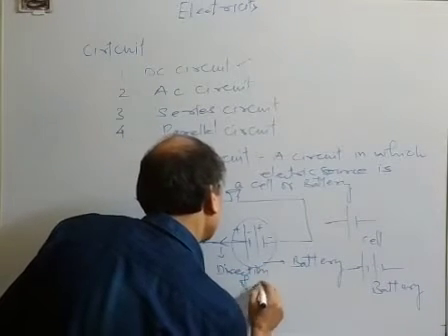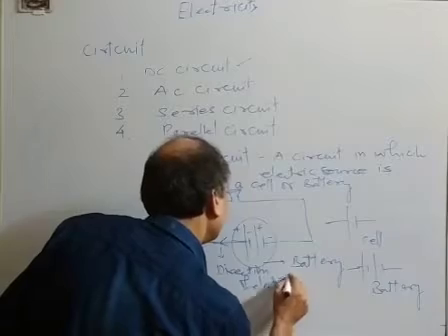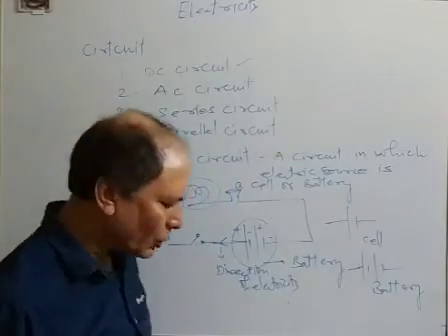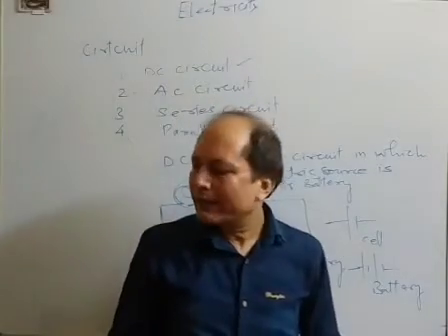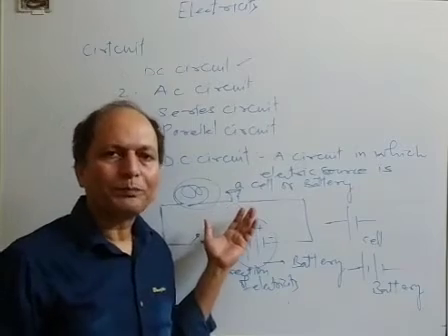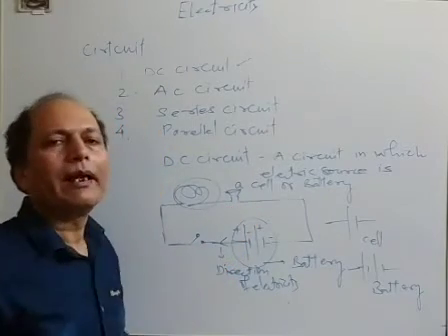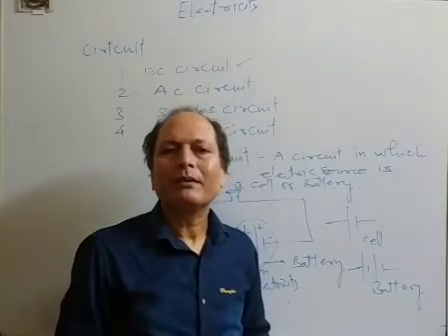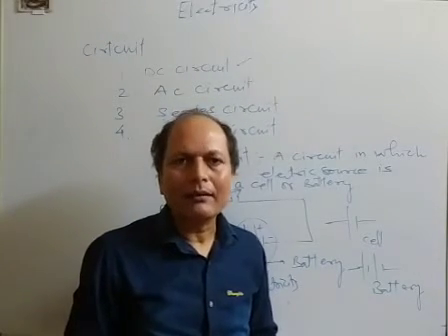So this type of circuit is called DC circuit. This DC circuit is found in transistors, radios, speakers, etc.